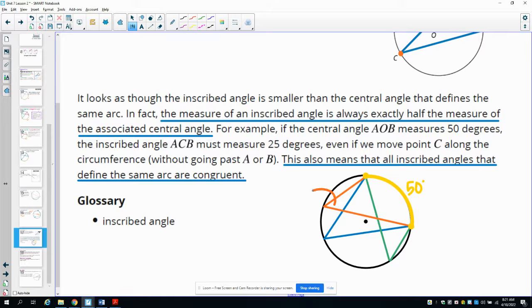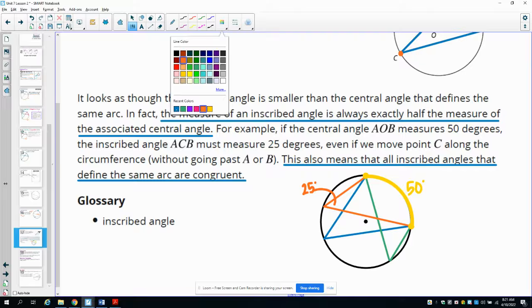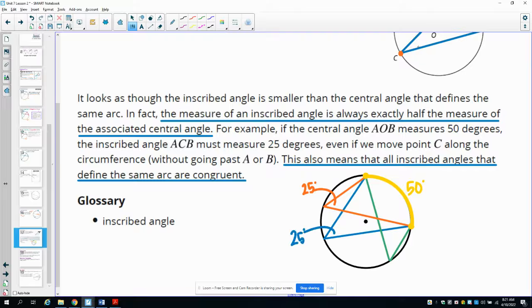I just drew this into my picture. You can add this in, or you can draw it on this circle up at the top of the summary, but each of those would be 25. All the inscribed angles coming off the same arc are going to be equal to each other.